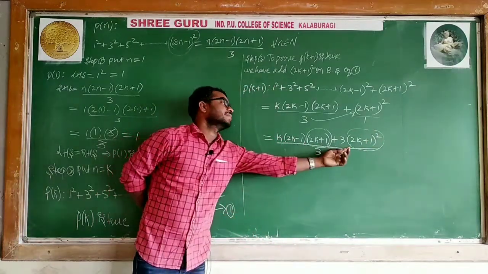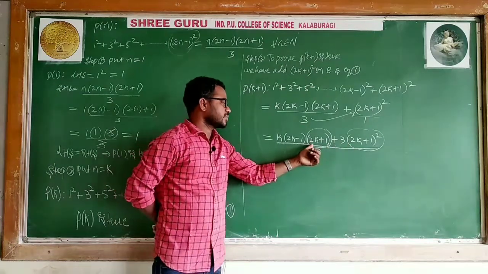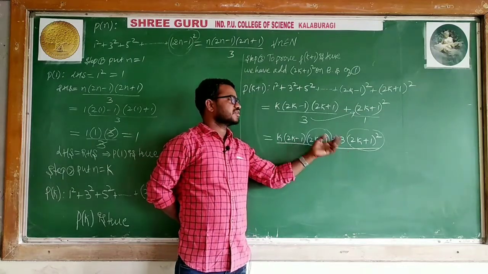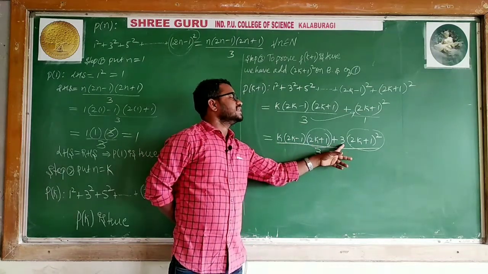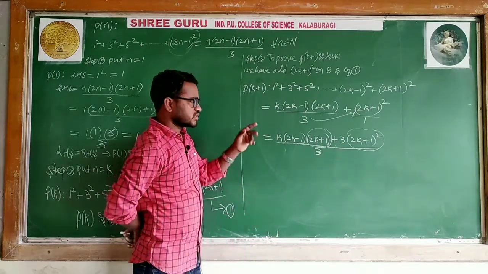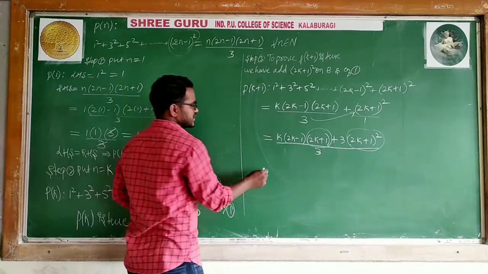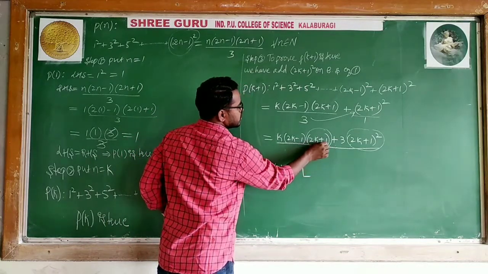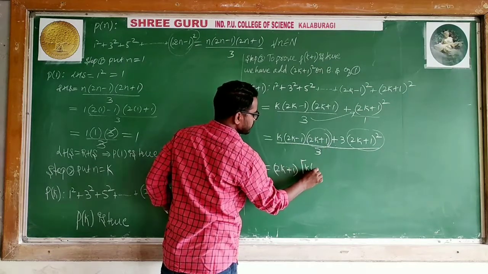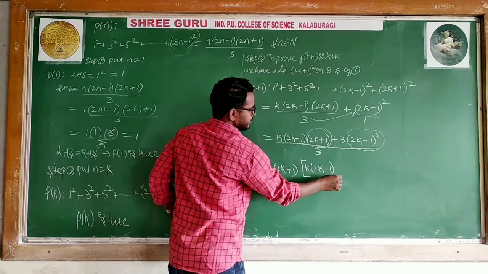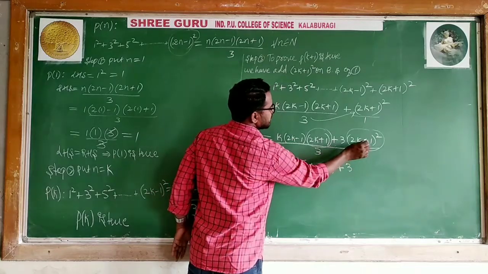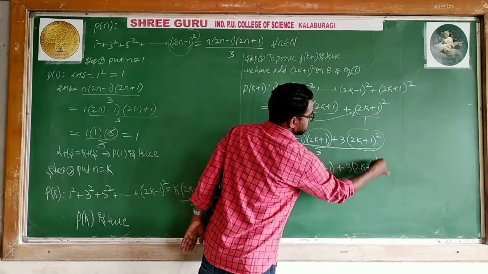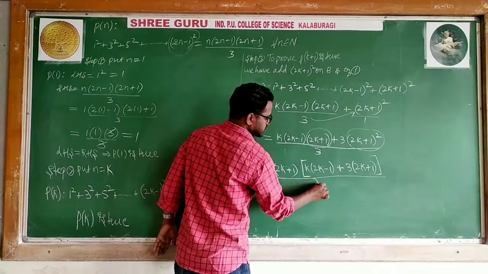When taking 2k plus 1 common, k into 2k minus 1 remains here, plus 3 into 2k plus 1 remains, because it is actually a whole square: one goes and one remains. So the common factor is 2k plus 1, and what remains is k into 2k minus 1 plus 3 into 2k plus 1, whole divided by 3.